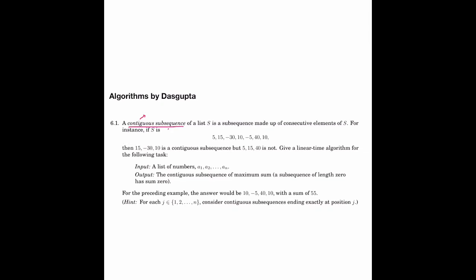In this example, 15, minus 30 and 10 is a contiguous subsequence because they are next to each other. Whereas when you consider 5, 15 and 40, this is not a contiguous subsequence, because 15 and 40 are far away from each other. In simpler terms, a contiguous subsequence is nothing but a substring.